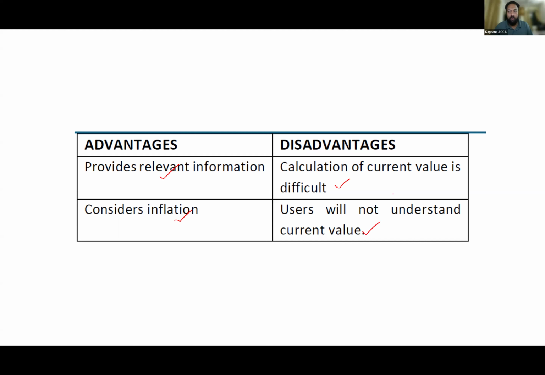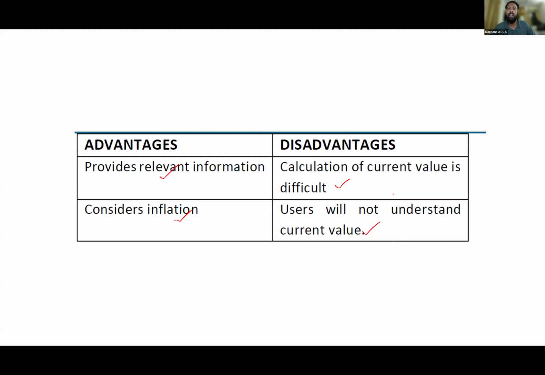Fair value, if you have watched the previous video on IFRS 13, fair value measurement, there are different methods of valuing an asset. There is level 1 input, level 2 input, level 3 input, fair value based on principal market, fair value based on most advantageous market, fair value based on highest and best use, which have to be taken. And what exactly is fair value?